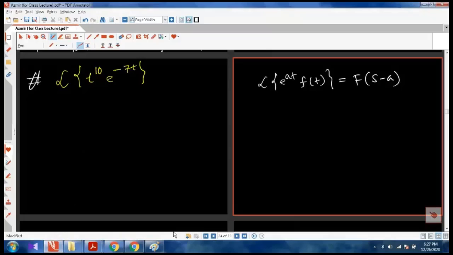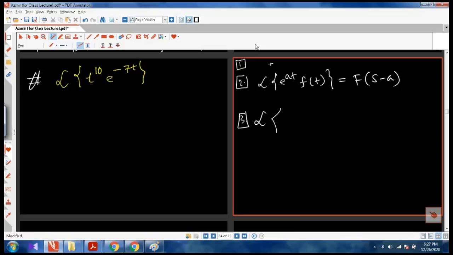This is the second property, and this is the third property. The first property is the linearity property. Constants can be pulled out, and summation and subtraction terms can be separated.